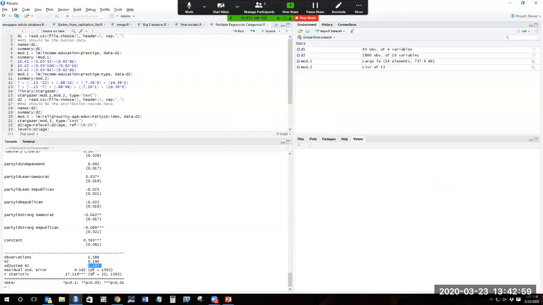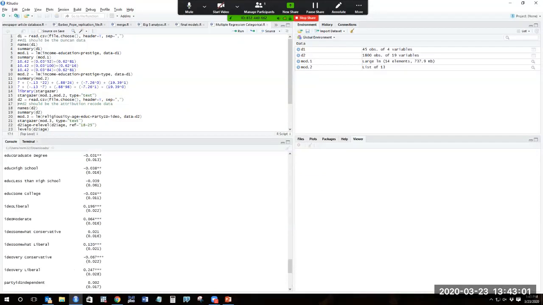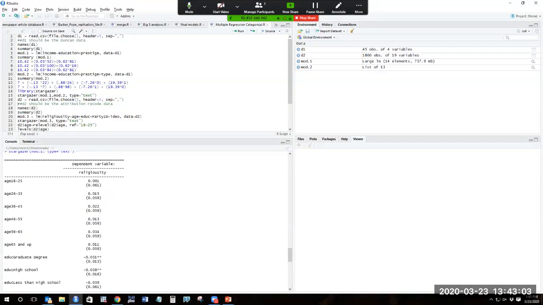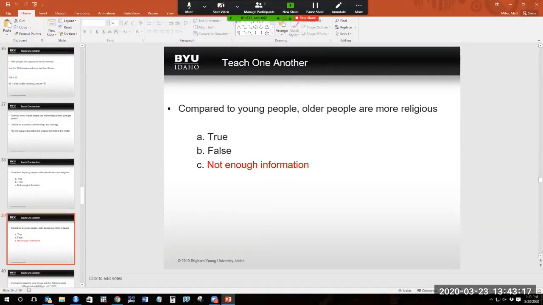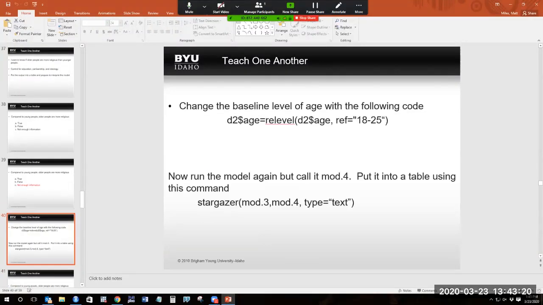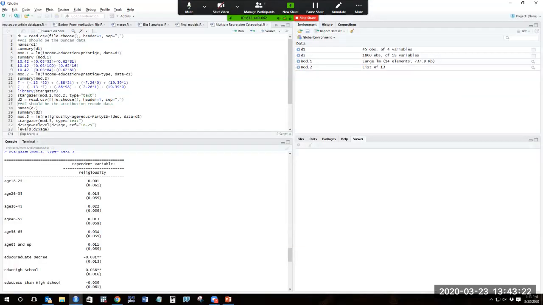So we'll look at the table. We're going to compare young people to old people and see who's more religious, right? Okay, so looking at that, you might have figured out what you think it is. I'm going to tell you the answer is not enough information, because I have here ages 18 to 25, 26 to 35, 36 to 45, 46 to 55.